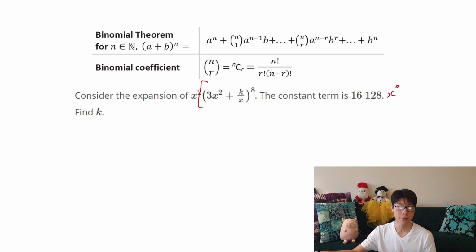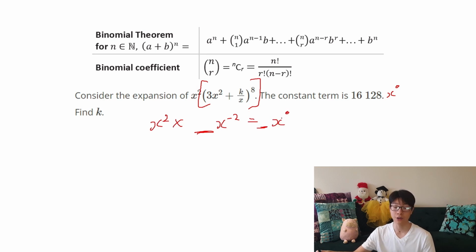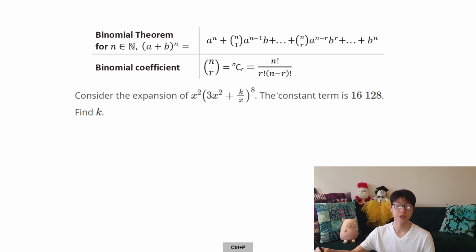Therefore, the term that we are looking for in this binomial expansion is actually the x to the negative 2 term. Because once we get that term with a coefficient and we multiply it by the x squared term at the front, we'll end up with an x to the 0 term, or a constant term. So in reality, what we are looking for in this binomial expansion is not the constant term, but rather the x to the negative 2 term.